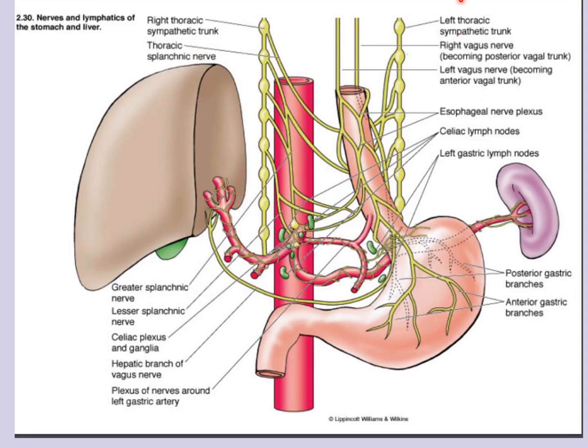So dear students, let us have a quick recap of the thoracic part of the sympathetic trunk. There are usually 11 thoracic ganglia, right? The first thoracic ganglion is fused with the inferior cervical ganglion to form the cervicothoracic ganglion, or the stellate ganglion. Now these ganglia, one for each nerve, T2 to T12, give off medial and lateral branches.